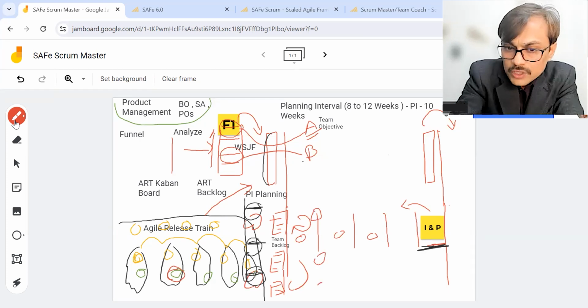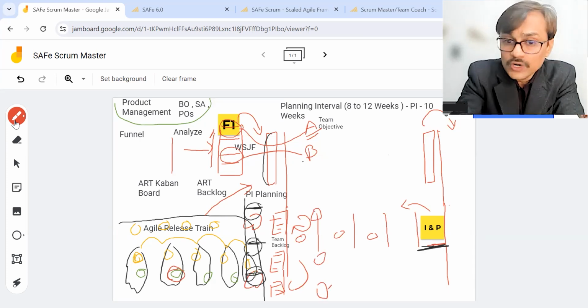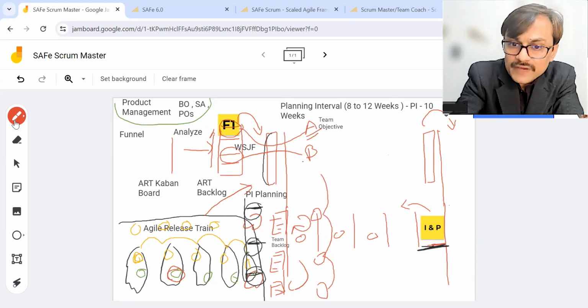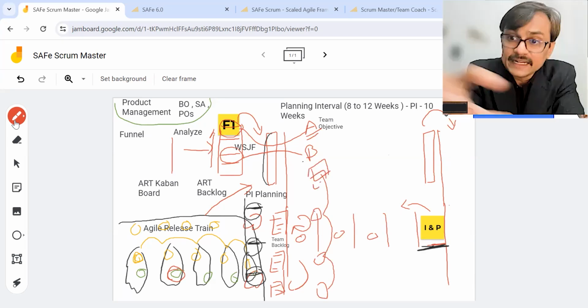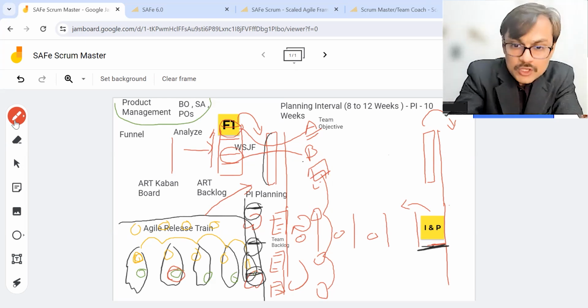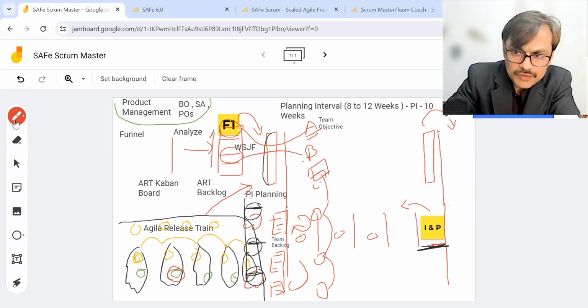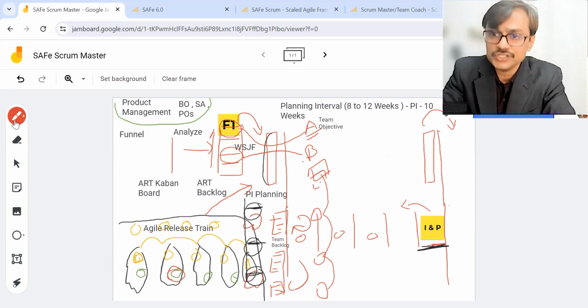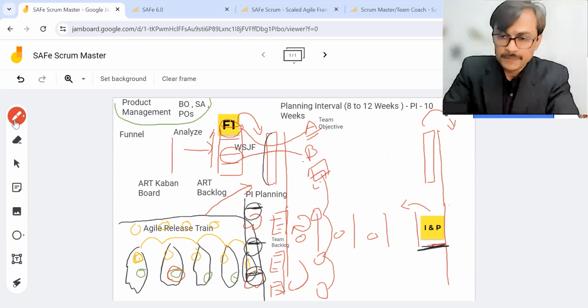Yeah. We also want to have a working system, which is the only measurement of progress as an Agile Manifesto principle. We want to have an integrated demonstration of work, which as a whole train we have done, which is like a reflection of our ART backlog also. So this is a special event, which is basically managed by the release train engineer and product management.